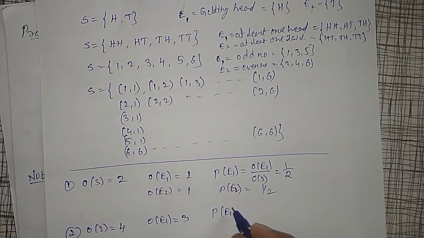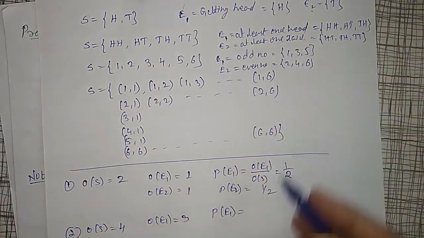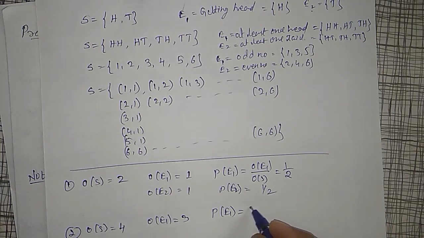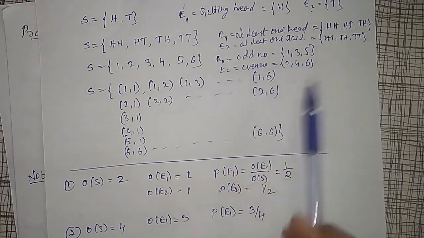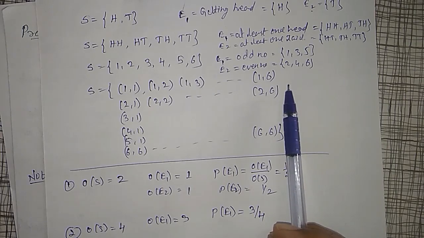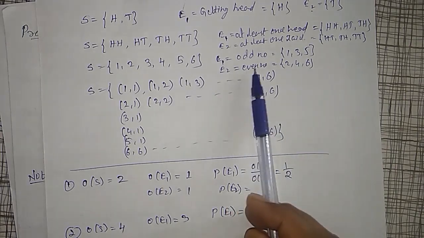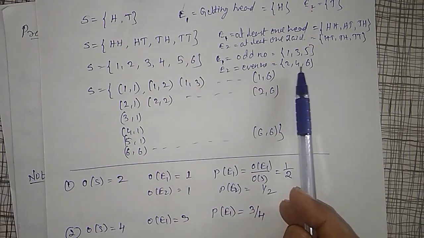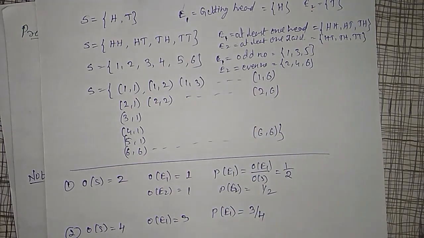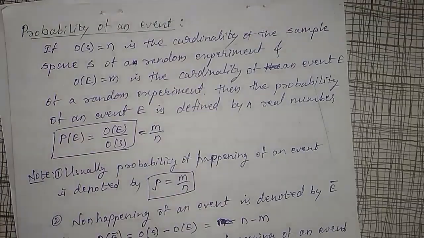Probability of getting this particular event, at least one head, is 3 divided by 4. This is the probability of getting at least one head or at least one tail. Like that, for the die, odd is 3 by 6, that is also 1 by 2. This is how to define the probability of an event.